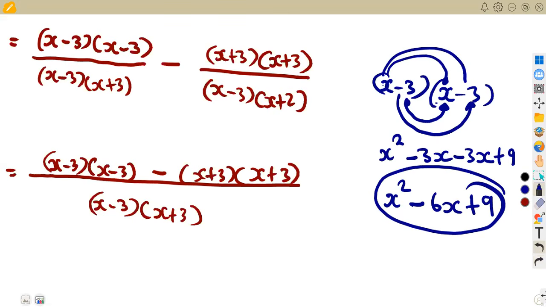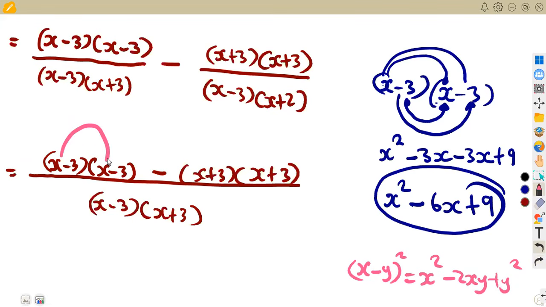We could have actually determined this. Remember, we understand that if we are given x minus y squared, this is equal to x squared minus 2xy plus y squared. I explained this formula because if you write x minus 3 into x minus 3, it simply means x minus 3 squared.